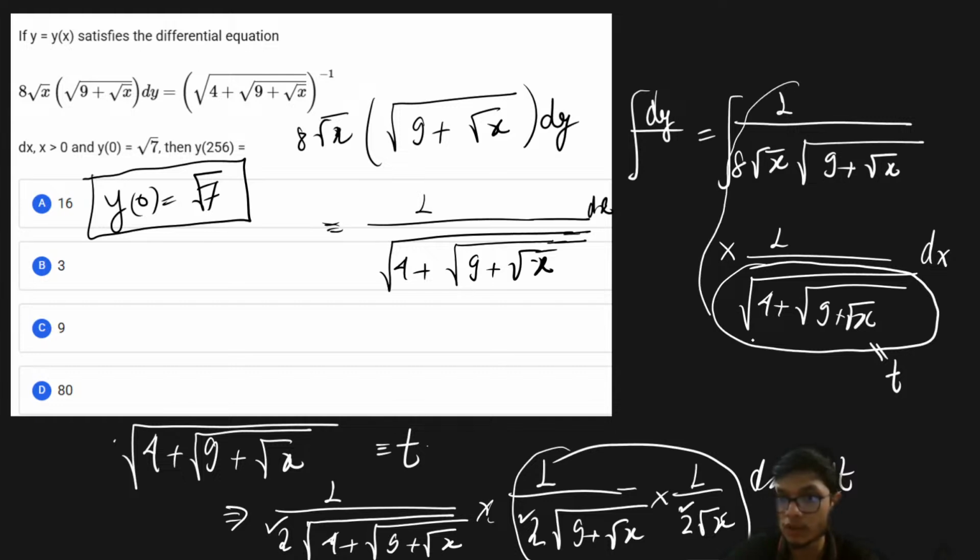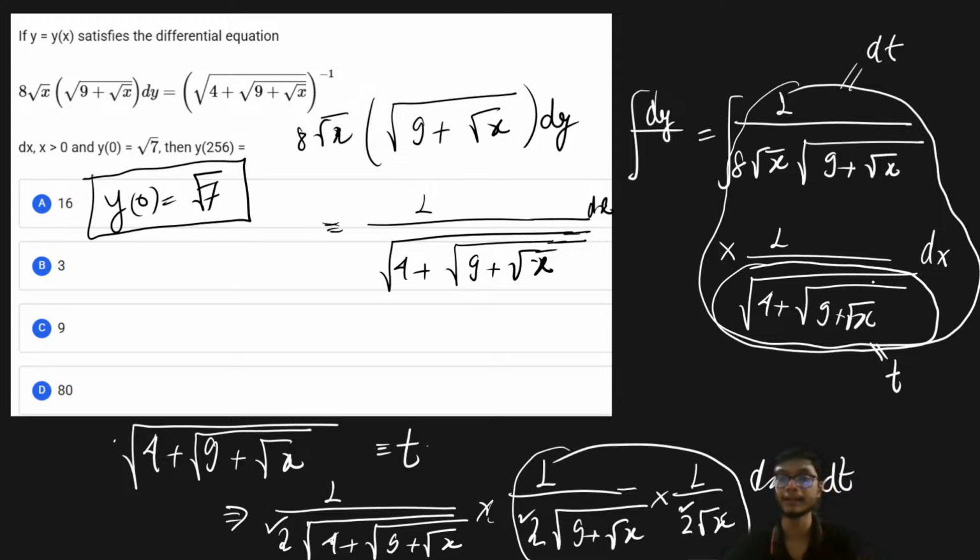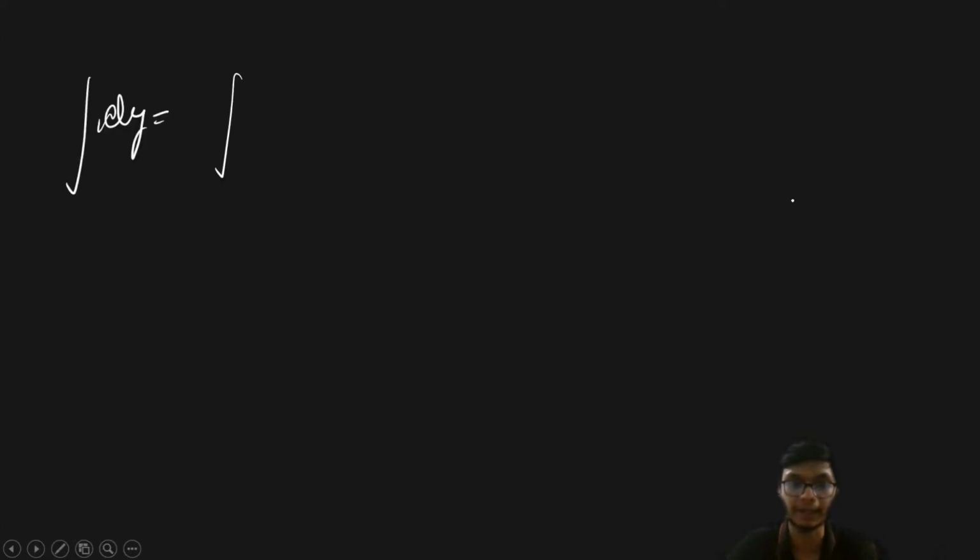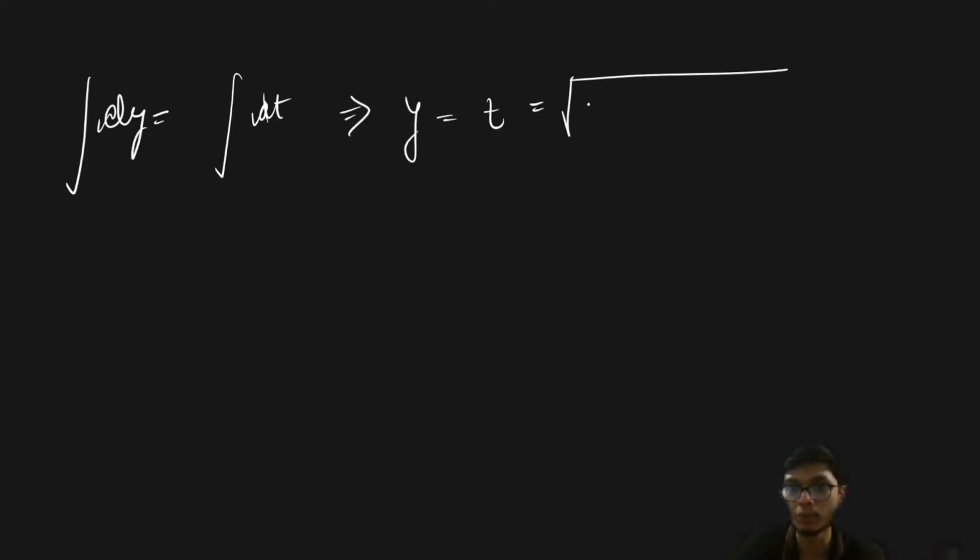This entire form is basically going to be dt. So integration of dt, and therefore on solution we have y is equal to t, and t is basically the square root of 4 plus square root of 9 plus square root of x, plus some constant c.